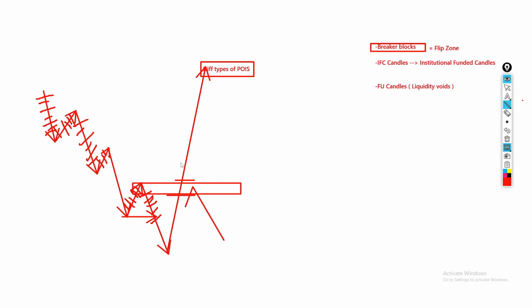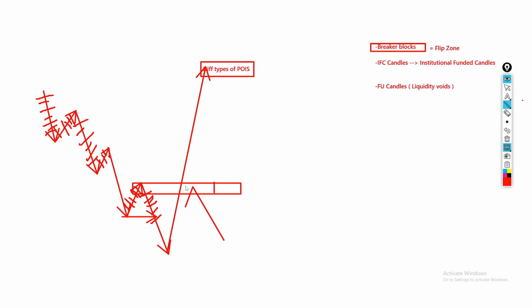It doesn't matter if it has no imbalances over here or over here. The important thing is that for your breaker to be valid, you need to have imbalances in that area, starting from your bearish order block top to your bearish order block low.